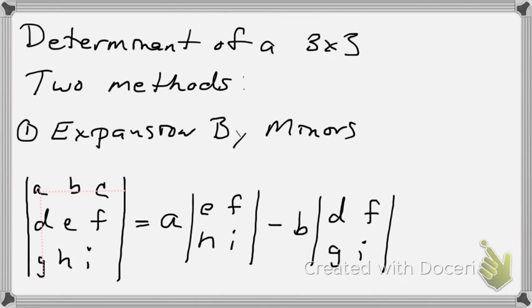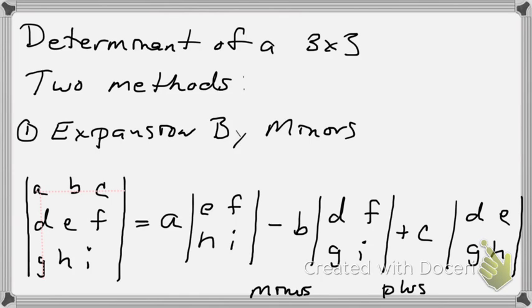Then we are going to move to C. And we are going to multiply C by the determinant of the 2 by 2 matrix that is formed when you cross out C's row and column, which would be D, E, G, H. And that's it.